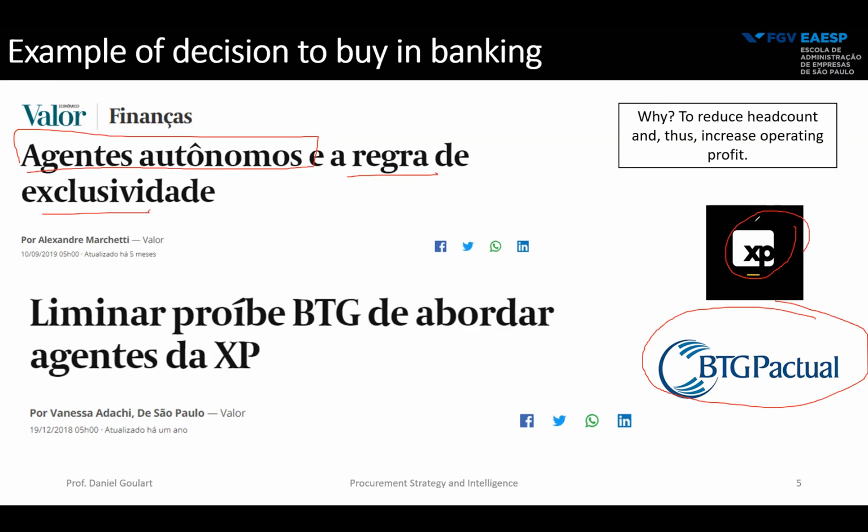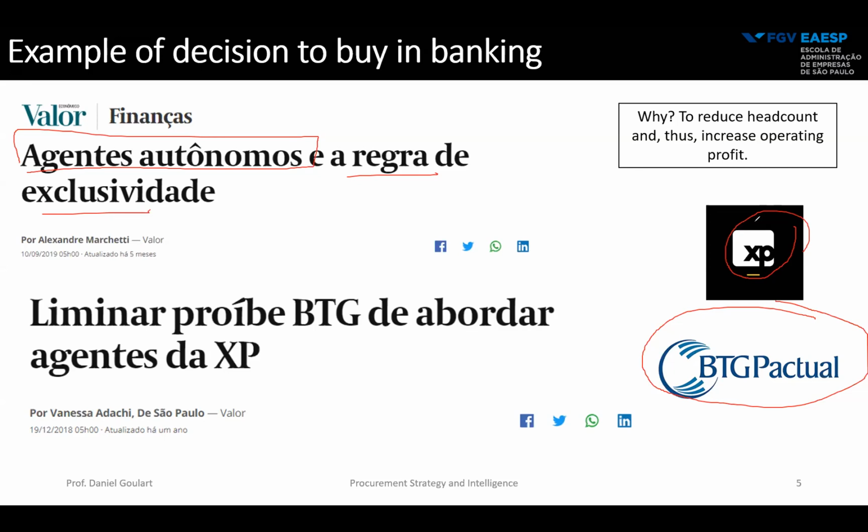A couple of years ago, what did XP decide to outsource? Traders? Not exactly. Close, but not exactly. They decided to outsource the bankers, the relationship managers.